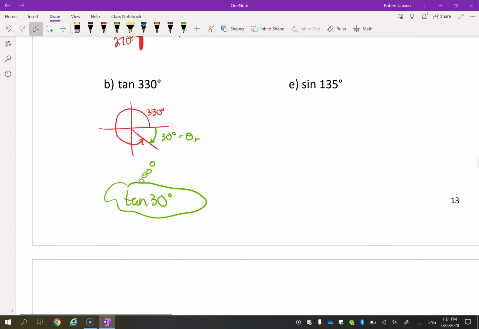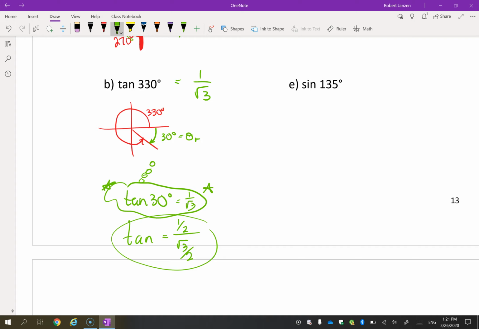Well, I know that tan is sine over cos. Sine of 30 is a half. Cos of 30 is root 3 over 2. If I multiply this, I end up with 1 over root 3. Now, I would say you should memorize that tan of 30 is 1 over root 3. I think you should have this memorized. I don't think you should need to do this.